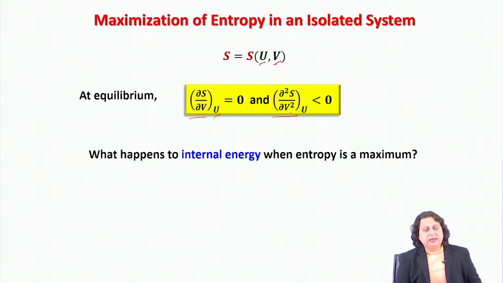Now the question is, if I have allowed my system to evolve to an equilibrium state and the system has acquired a finite maximum value of entropy under the given experimental setup, what would happen to the internal energy?